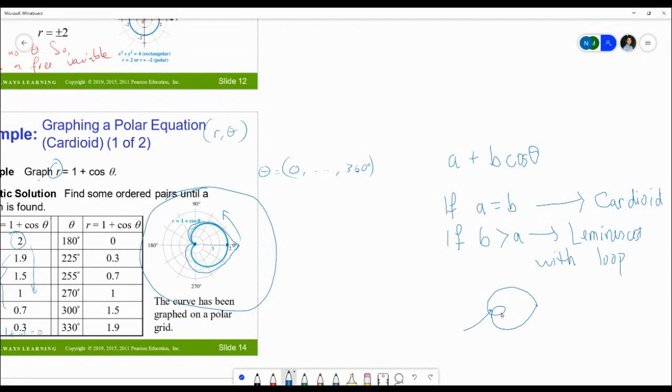Now the distance of that loop is actually very specific as well. So let's go back to the calculator and see if you can figure out different types of limaçon and see if you can see a pattern. In this example, I'm going to show you 3 different ones.